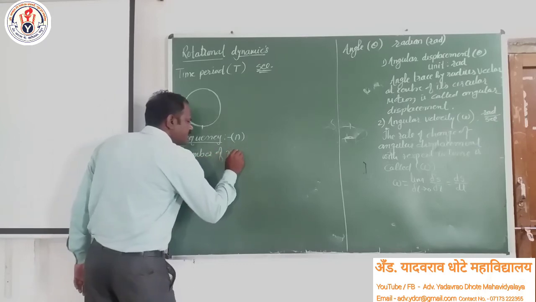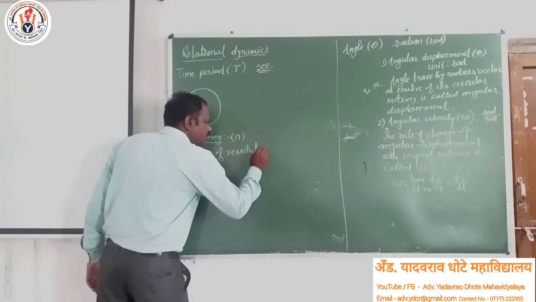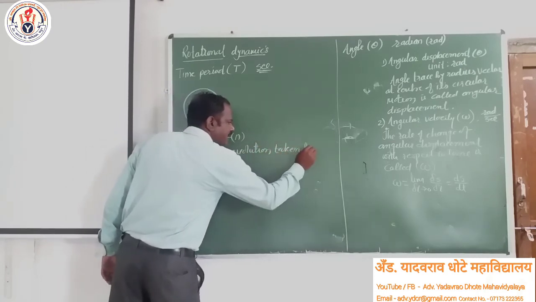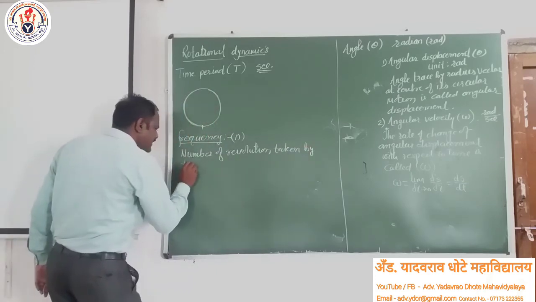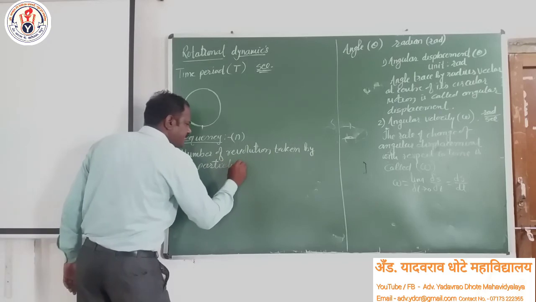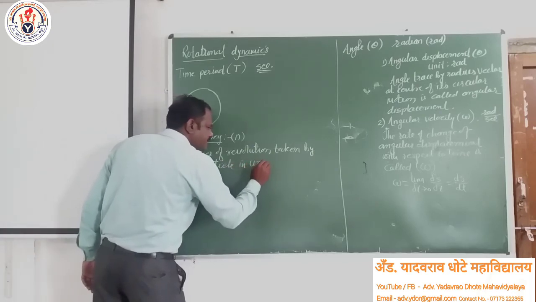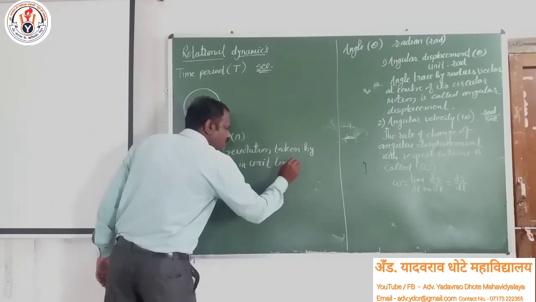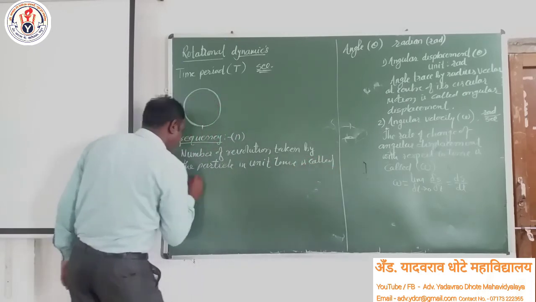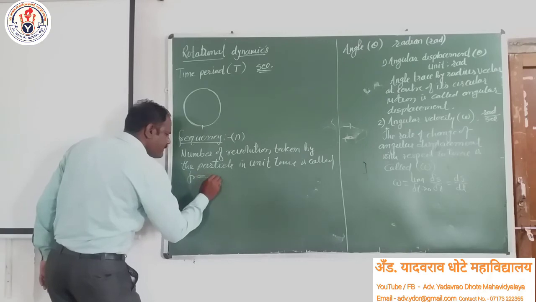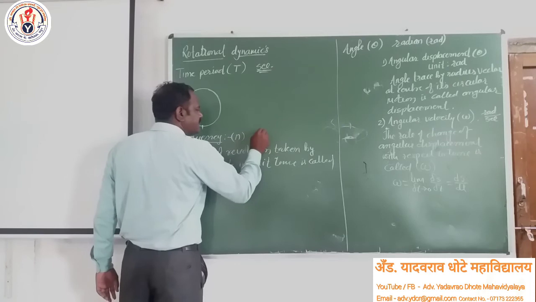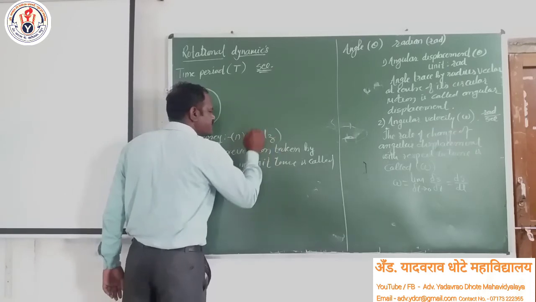Number of revolution taken by the particle in unit time is called frequency, denoted by N, and their unit is hertz.